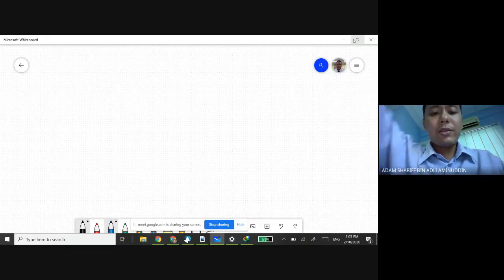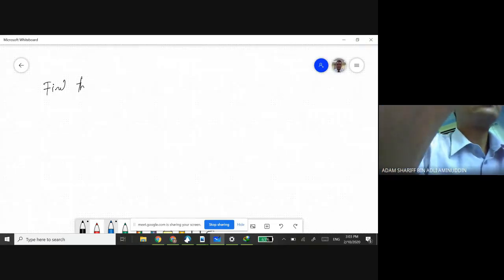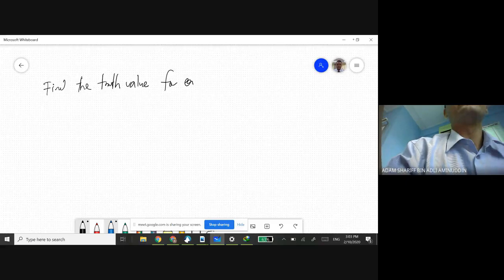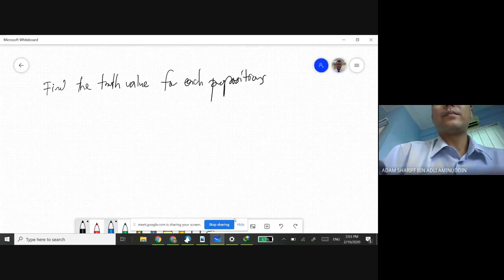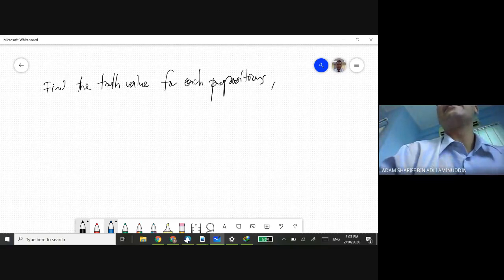The question asked is: find the truth value for each proposition, and justify.